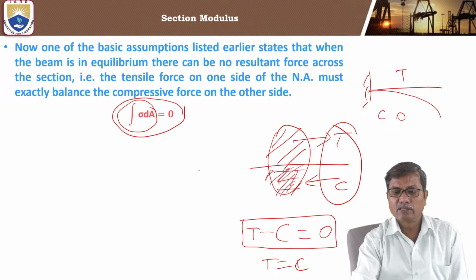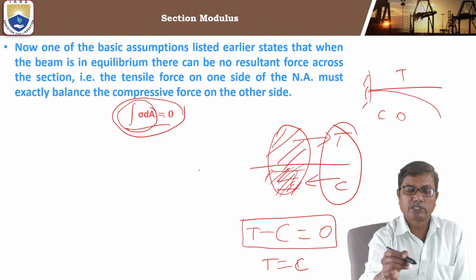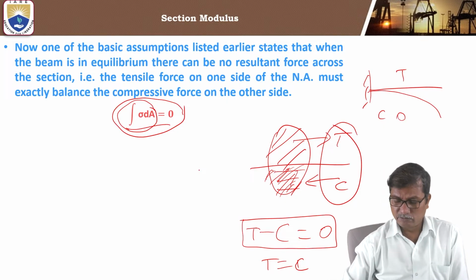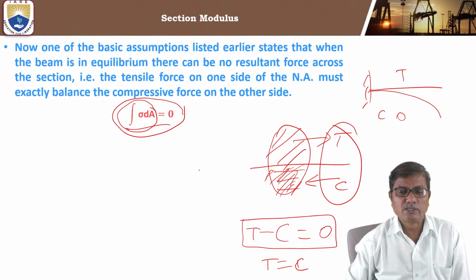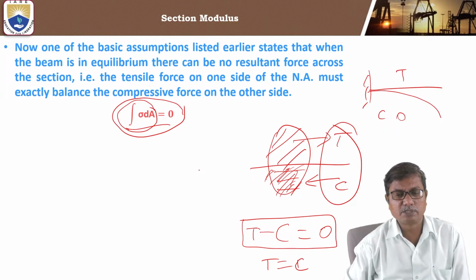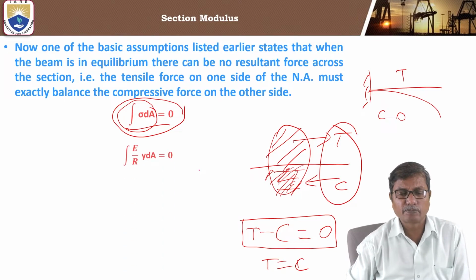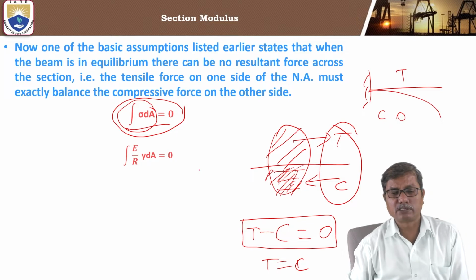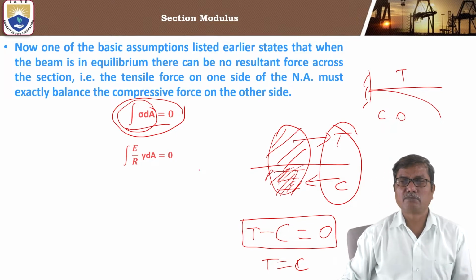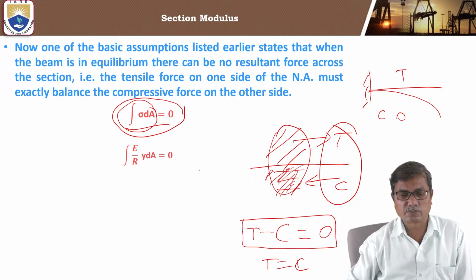That is, the net force, integral of sigma dA, must be 0. That is for equilibrium, we know that. So what you understand from this equation is that the compressive force must exactly balance the tensile force.